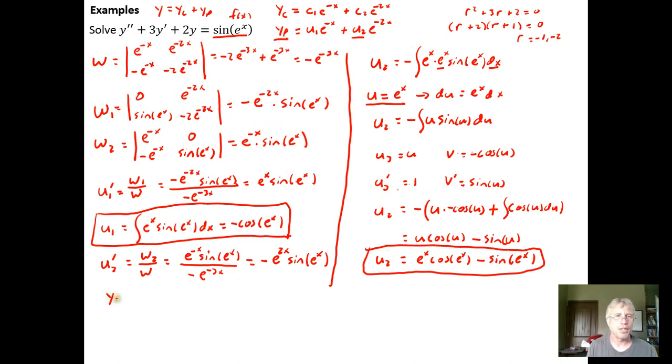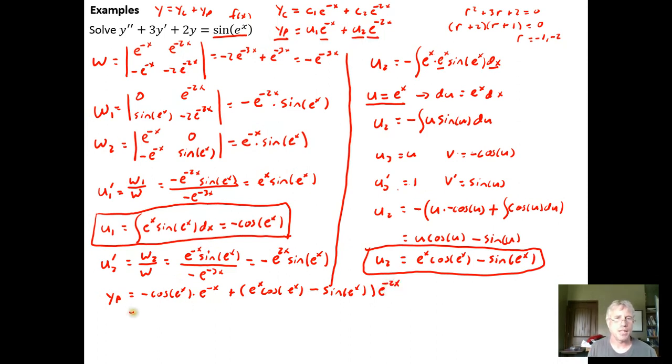So y particular, we said, is going to equal u sub 1 times e to the negative x, but u sub 1 is minus the cosine of e to the x, and then we need to multiply that by e to the negative x, and then it's going to be plus u sub 2, which is this mess right here, e to the x cosine e to the x minus sine e to the x, and then this needs to be multiplied by e to the negative 2x.